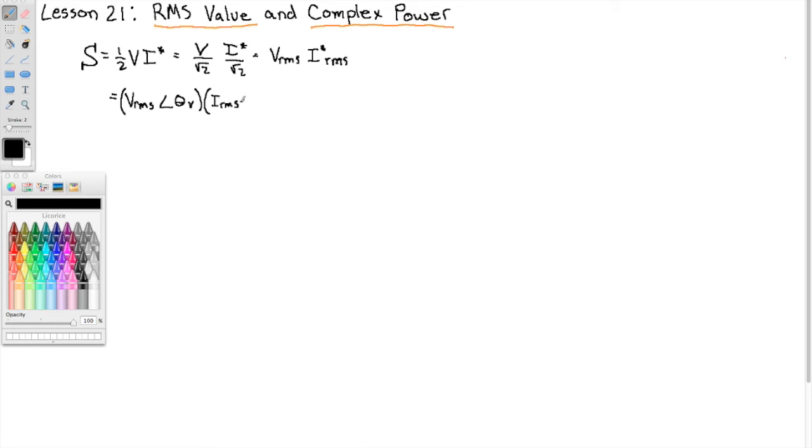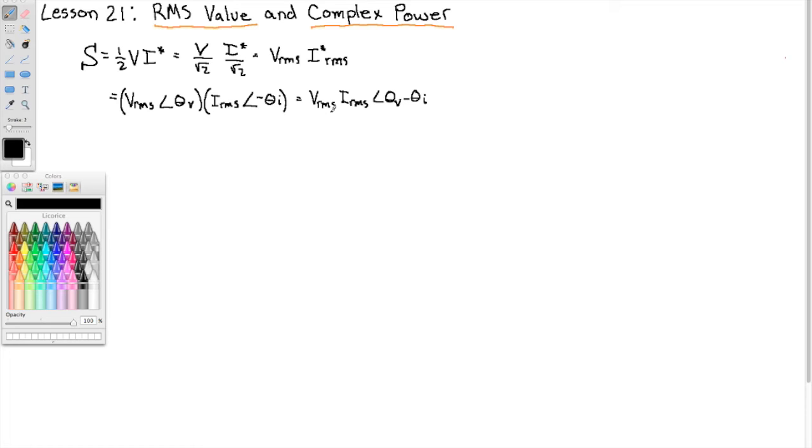So that's I Rms, and then when you take the complex conjugate of a complex number, that is minus its angle. Right, so this thing now is V Rms, the magnitude over the square root of 2, times I Rms, again the magnitude of the current over the square root of 2, times the angle difference.